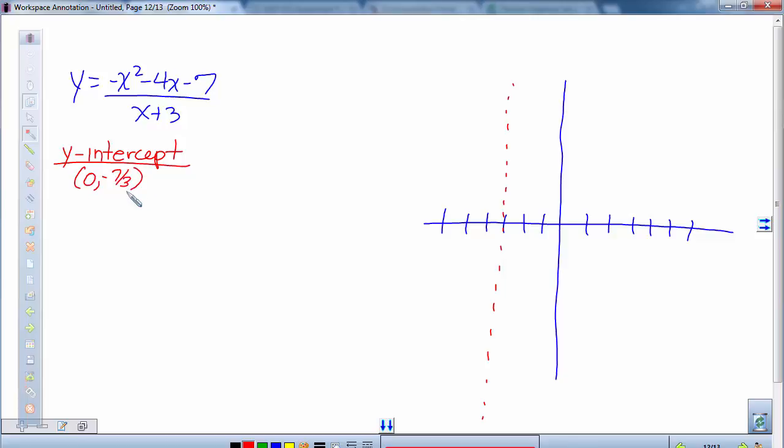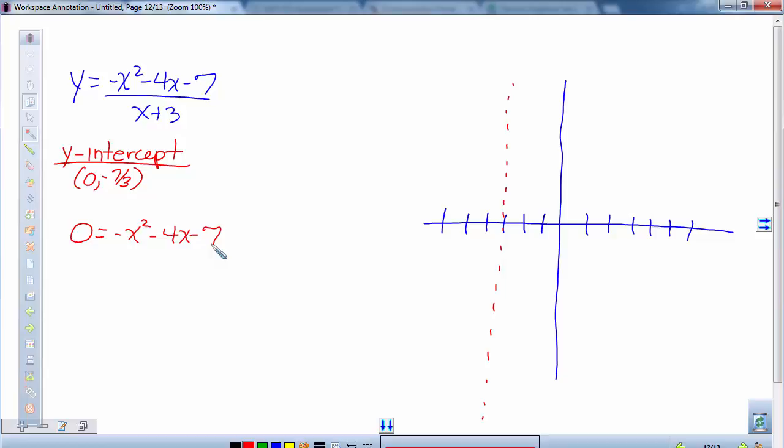All right, and then we can try to solve for y equals 0. But looking at this, if I say 0 equals negative x squared minus 4x minus 7, can we factor that? No, doesn't look like it.